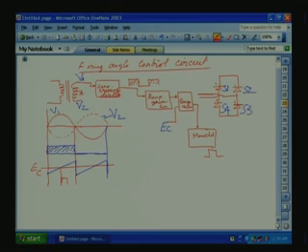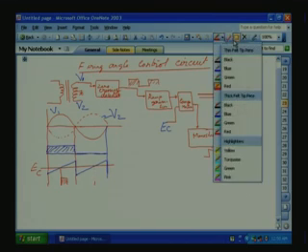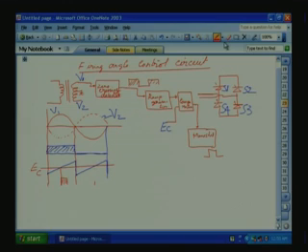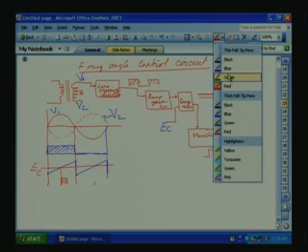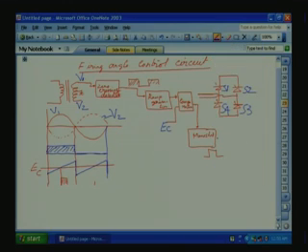At the comparison point, the monoshot output will give the required pulse for S1 and S3, and this one is for S2 and S4.